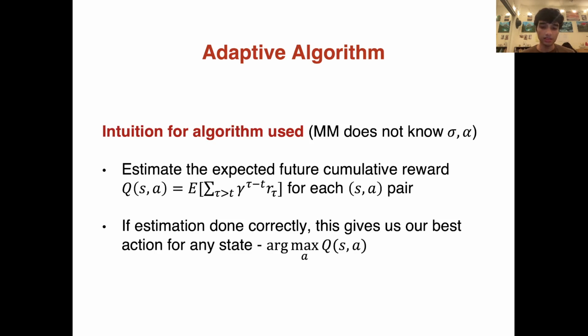If the estimation is done correctly, this gives us the best possible action for any state, which would be the argmax of this Q function over all actions. Once that action is taken, we would assume that the cumulative reward would be maximized, and indirectly we would have the competitive market maker condition to be satisfied as defined before.